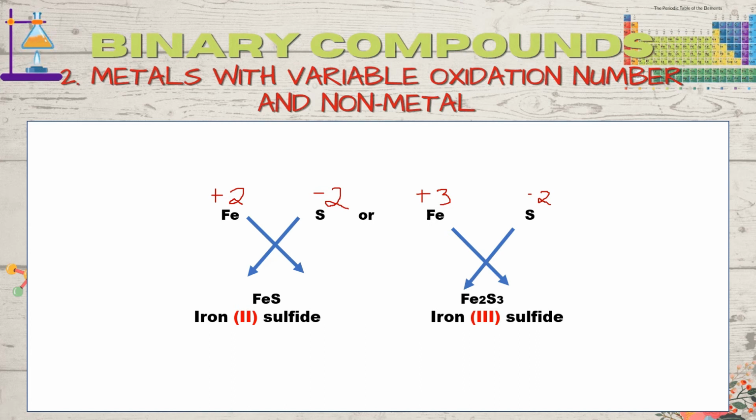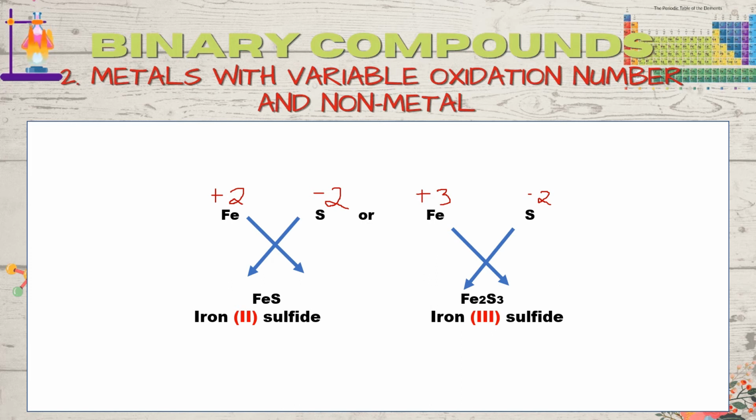So in using the Stock system, which is another rule in how to name metals with variable oxidation number, you are going to use the English name. So the symbol of iron is Fe, and the English name for Fe is iron.